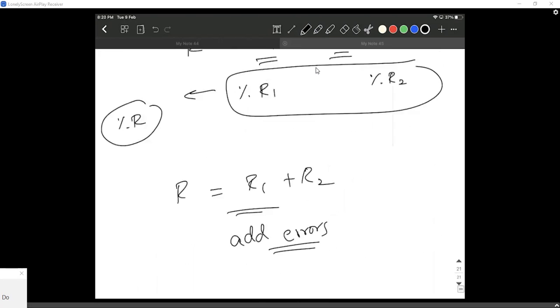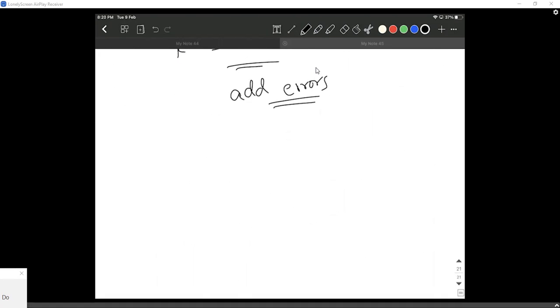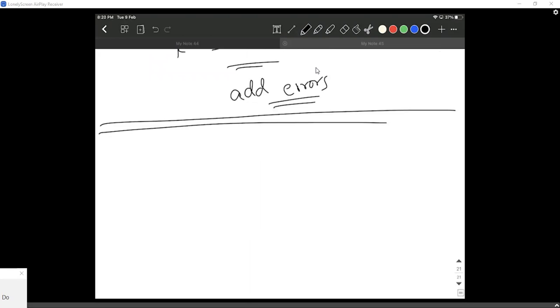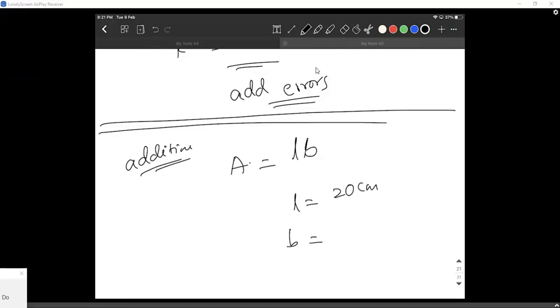And sometimes, guys, an additional point I'm just giving you. They don't even mention the errors. They simply say area equals to length into breadth. Length is 20 centimeters. Breadth is 10 centimeters.